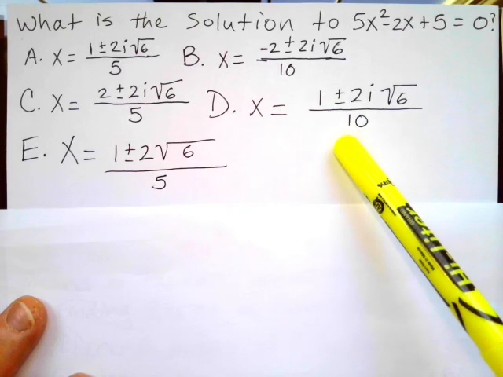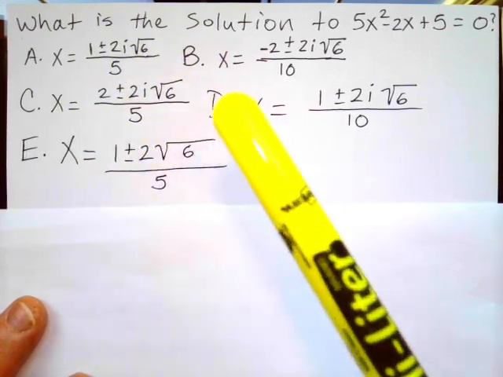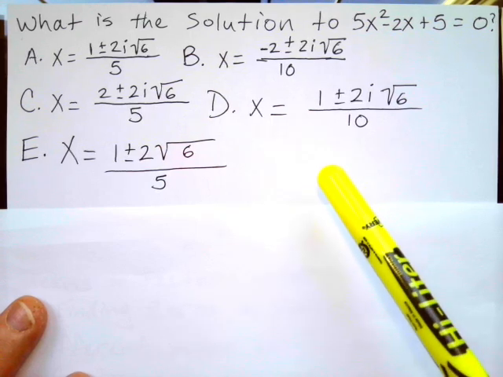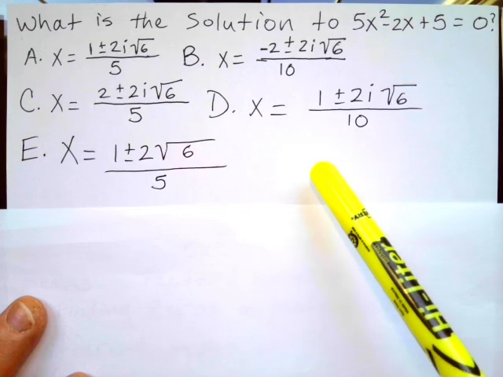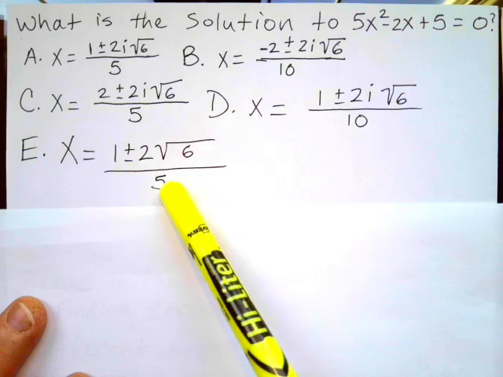So take a look at A, B, C, D, and E. I'd like to show you right off the bat ways that you can eliminate at least two options. So what I want to explain are these answers a little bit.